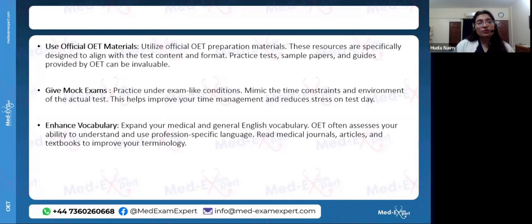And also take mock exams. For our regular students in the OET course, we do offer mock exams. All of the other students also, if they want, can take our mock exams on the OET website as well as on our MedExam website. You can contact the course coordinators and they can help you schedule the mock exam. That mock exam is very similar to the main exam.